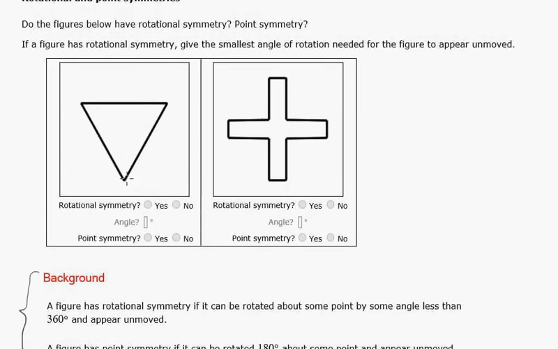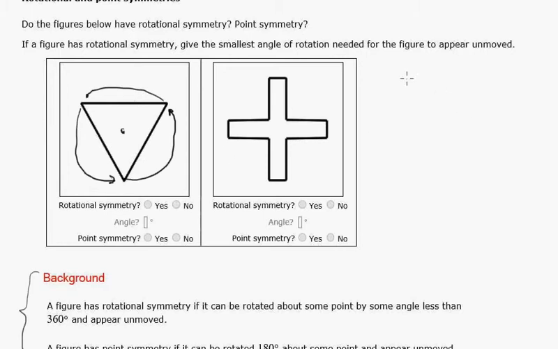So let's look at this triangle. Does it have rotational symmetry? Maybe you can see that if you rotated this point to here, that point to there, and this point to here, it would look the same. So that's a third. You can see the sides, 1, 2, 3.